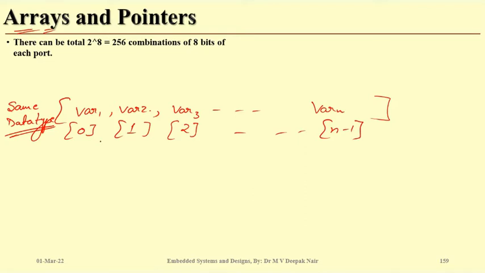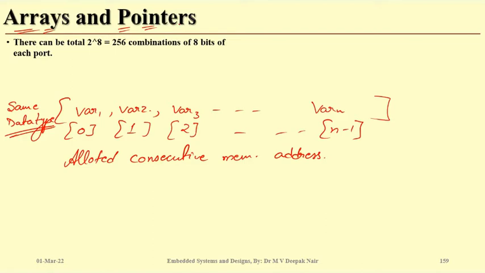Third, all these variables are arranged in consecutive memory addresses. They are allotted consecutive memory addresses. So if we can remember these three properties of an array, then of course we can correlate the concept of arrays with the registers that we are going to access, and we can use pointers.